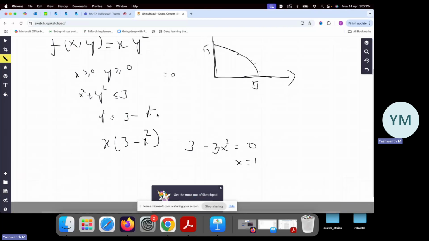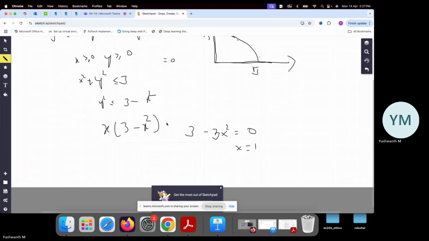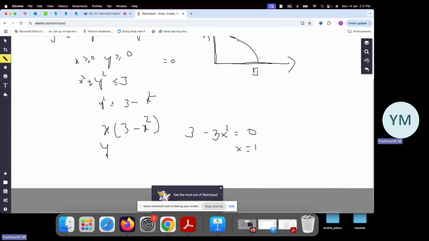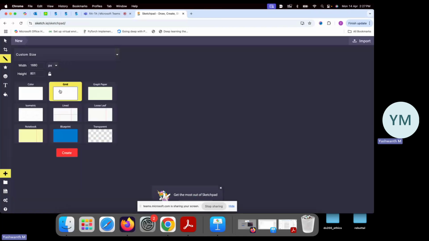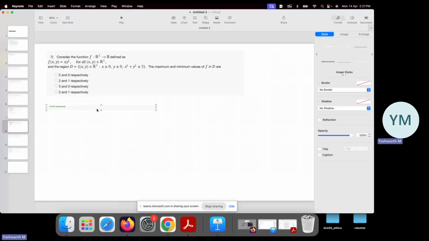And substituting that, you get y is equal to root 2, and x into y squared is equal to 2 as the maximum value. So 2 and 0 are the answers. Let's see this.